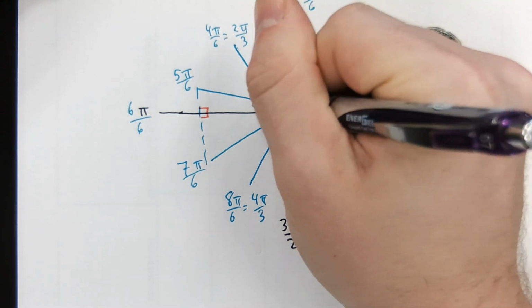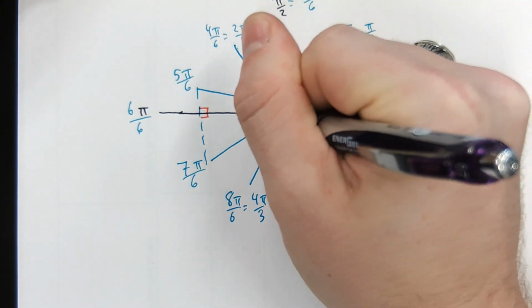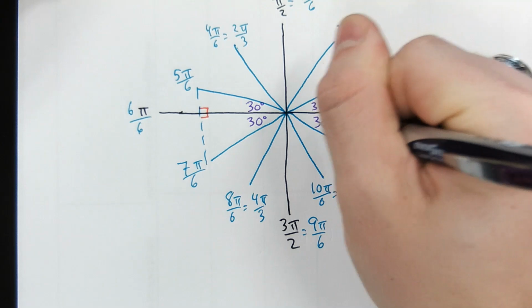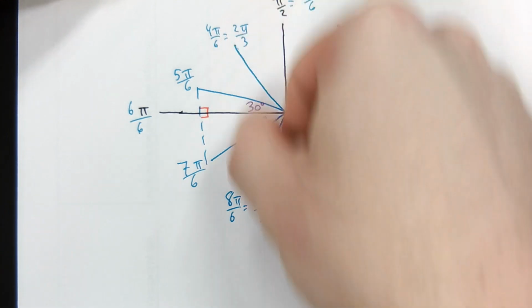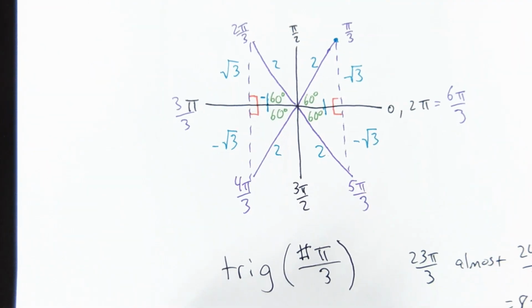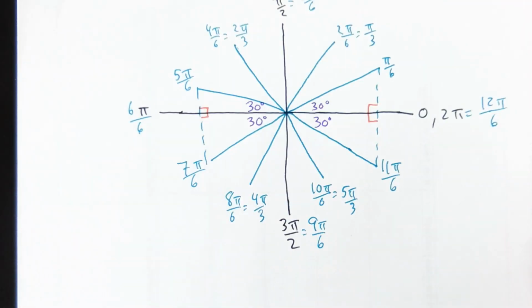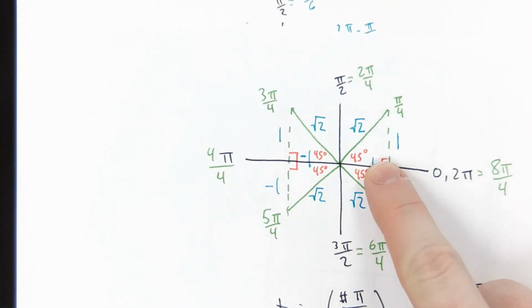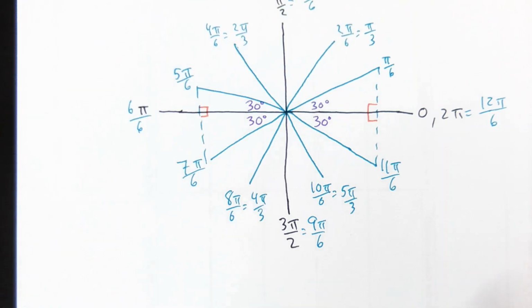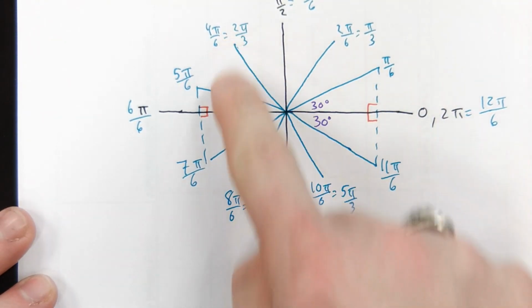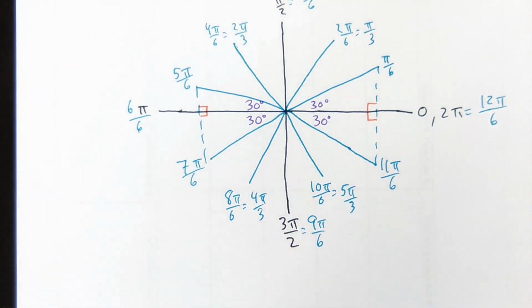So I'm going to put my little 30 degrees in all of the standard positions. There we go. The reason why I haven't drawn these is because those are 60-degree reference angles. So there's 4 45-degree reference angles, 4 60-degree reference angles, 4 30-degree reference angles. We don't count those as 30-degree reference angles because they're 60-degree angles.